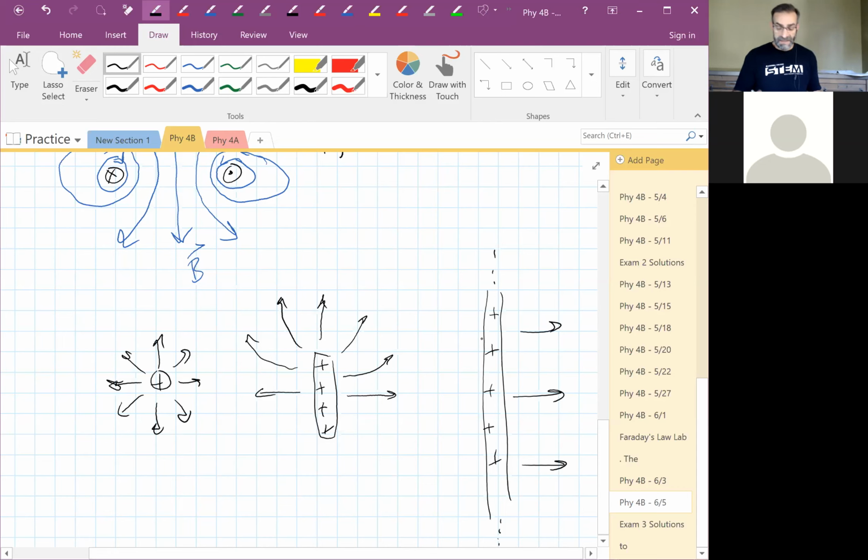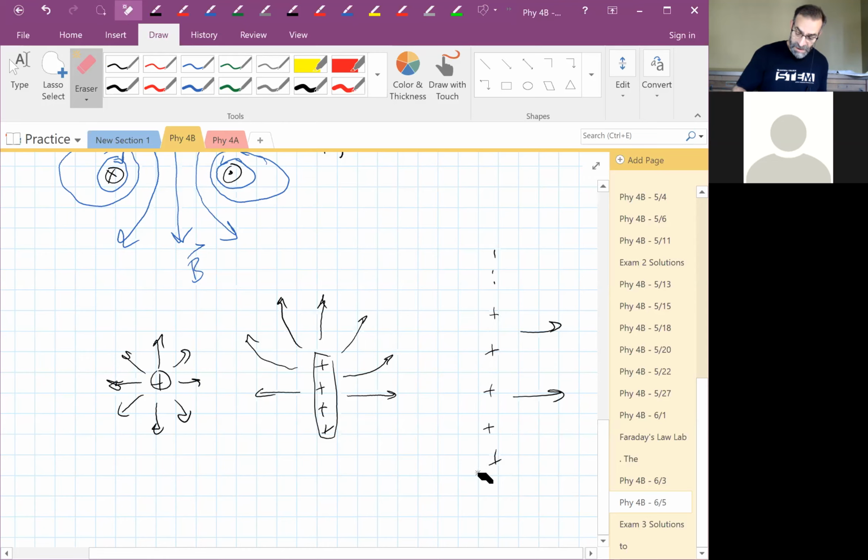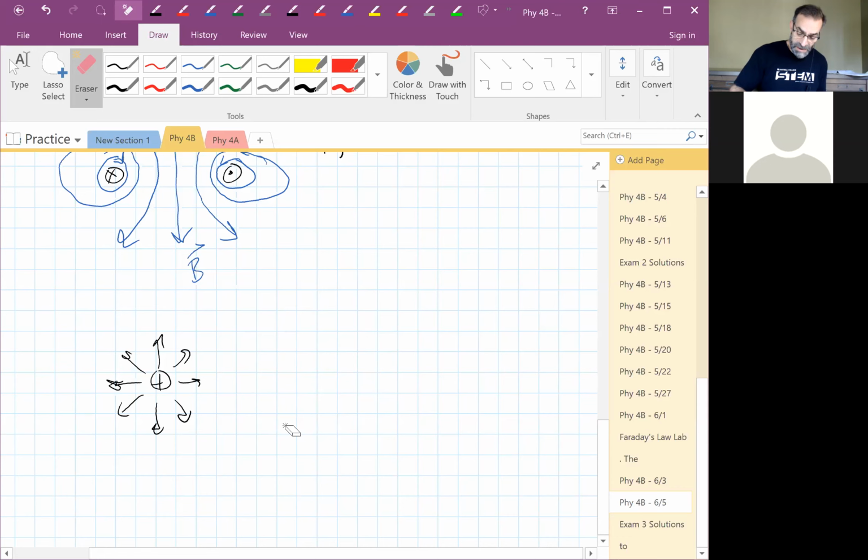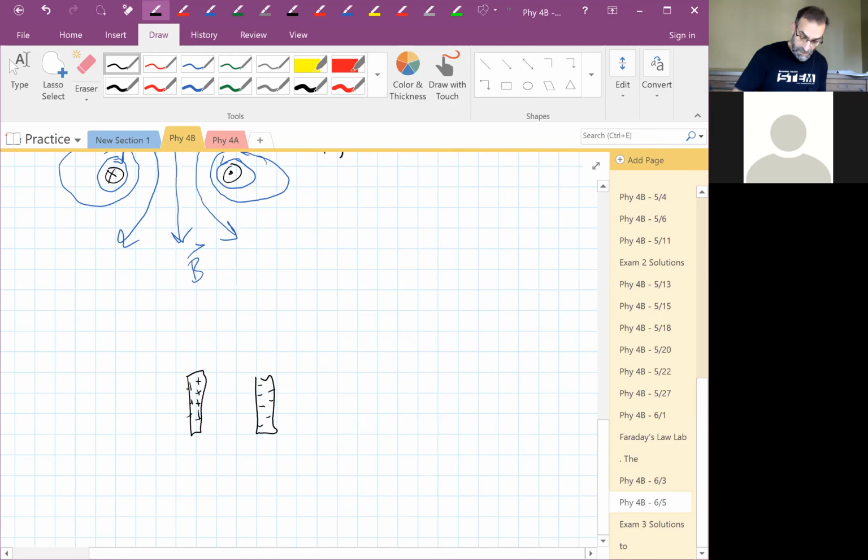Or with a capacitor. Actually, the capacitor maybe is a better example, not just a sheet. With the capacitor, you start with a small region like this, and some of the charges come over. Some of the charges get attracted over, but some stay on the outside, right?